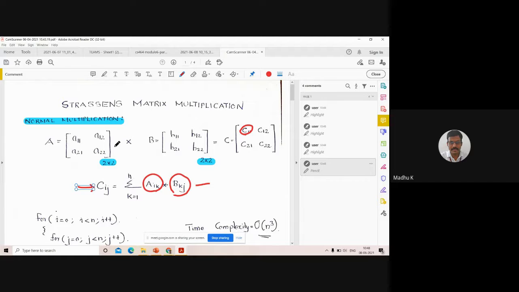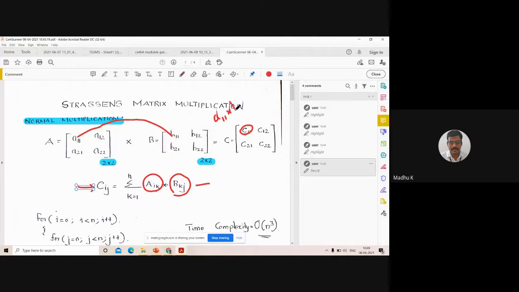For calculating the elements in the resultant matrix we will use this equation, or our traditional method is simple. What is this element c11? C11 is a11 into b11 plus a12 into b21.